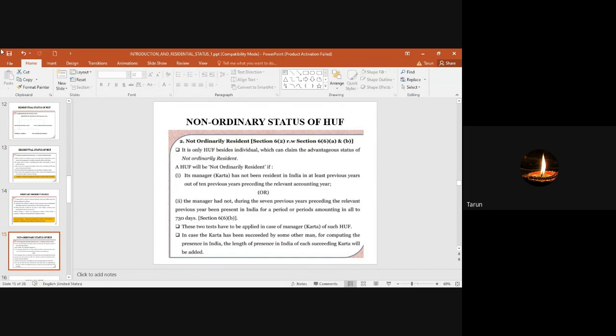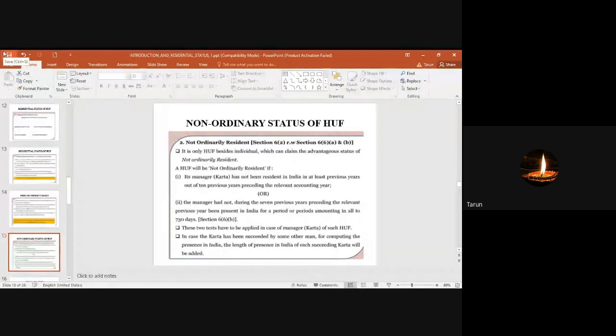So if the Karta has decided that from the upcoming years, the other man will handle or manage all the affairs of the business under his supervision, then if that other man is in India for the upcoming couple of years, those years will be counted in calculating the residence of India.